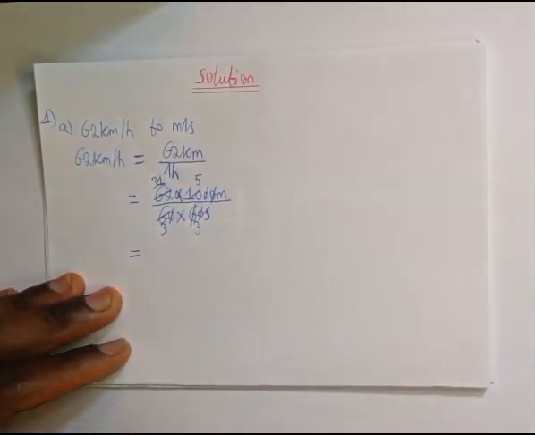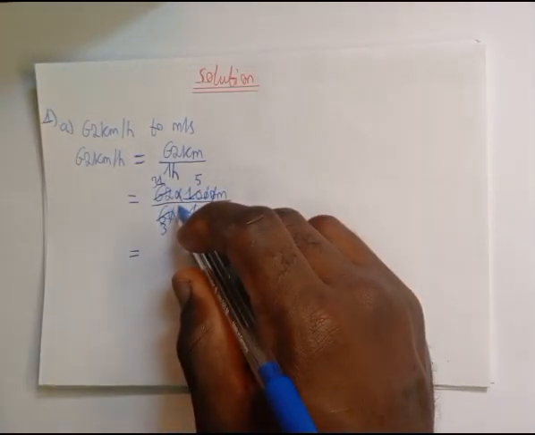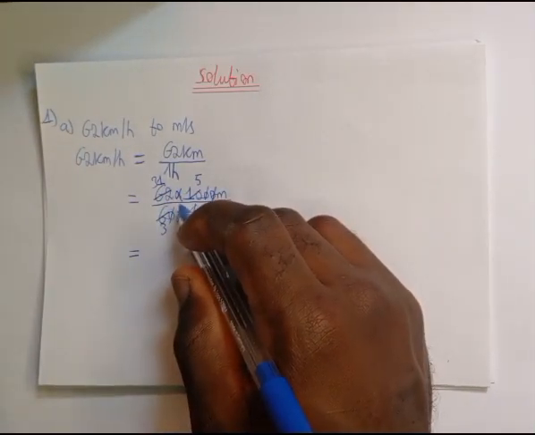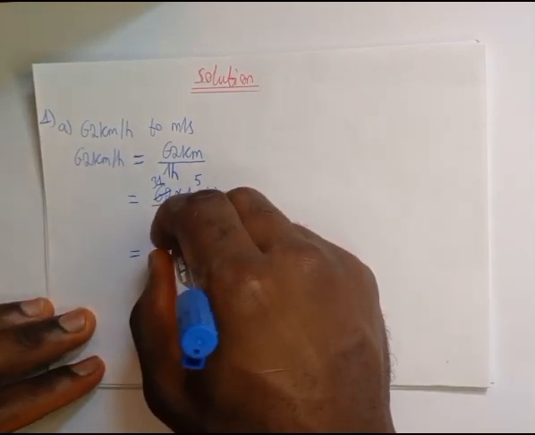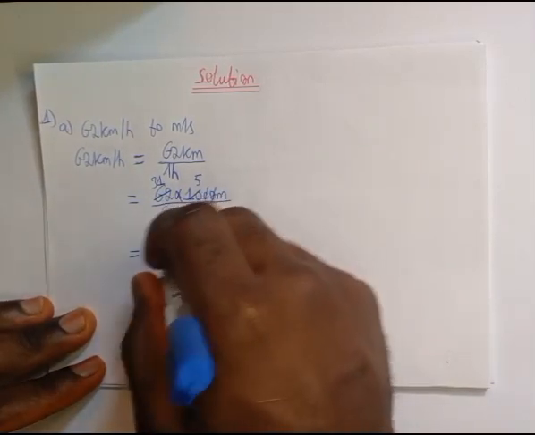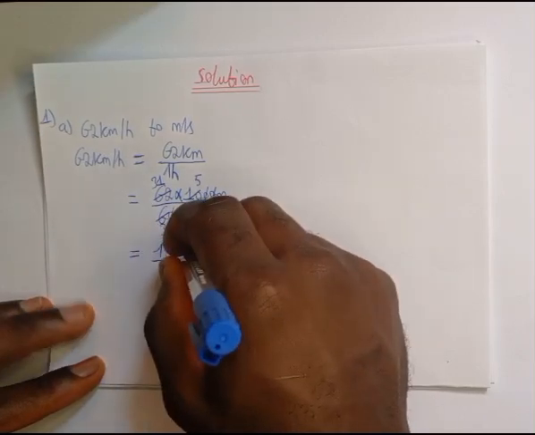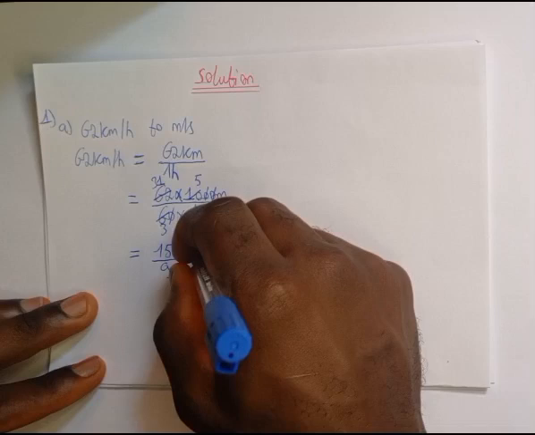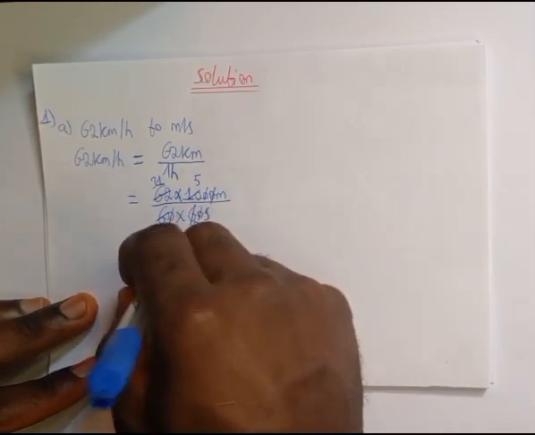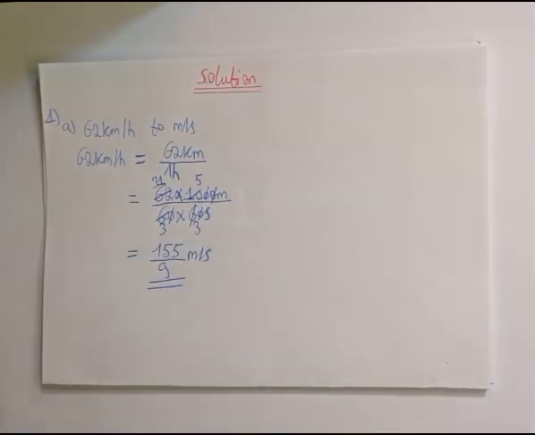This will simply be equal to 31 times 5, which gives us 155, all over 3 times 3, which gives us 9 meters over seconds. Meters over seconds is the same as meters per second. So this is the speed.